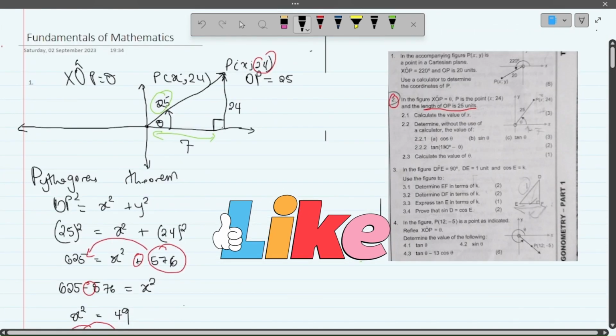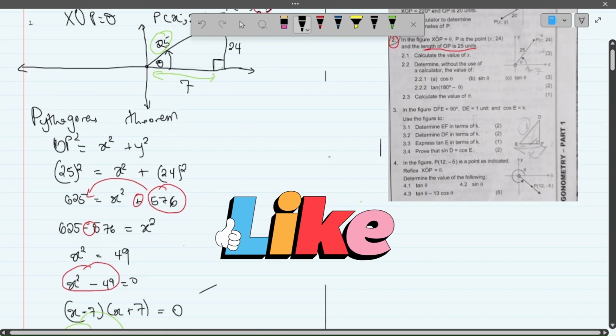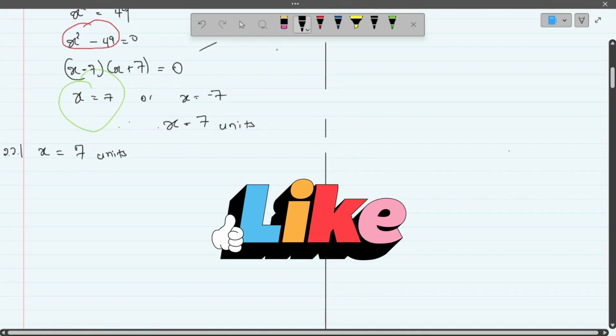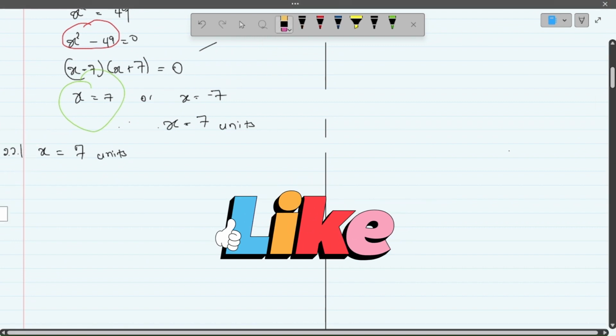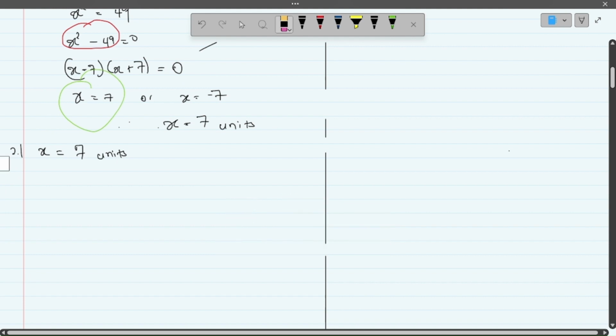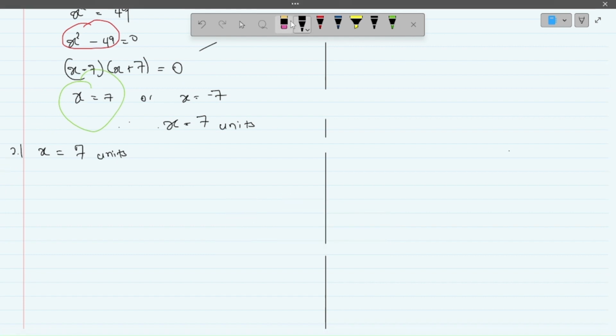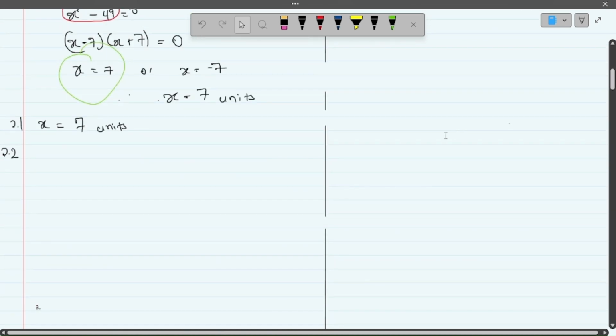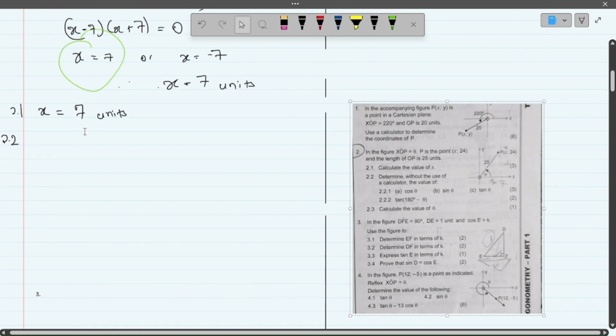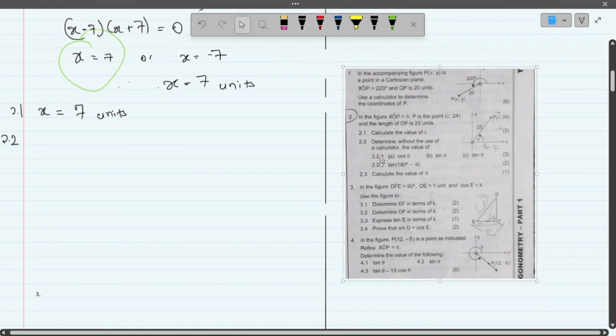And then 2.2. So this is 2.1. And then 2.2. So 2.2, it says what?